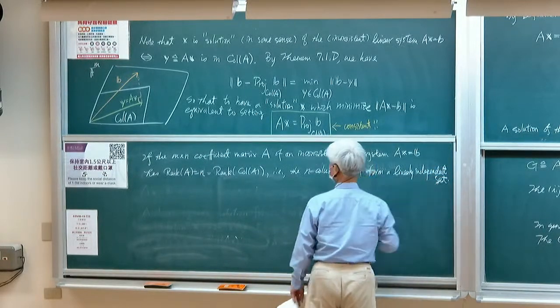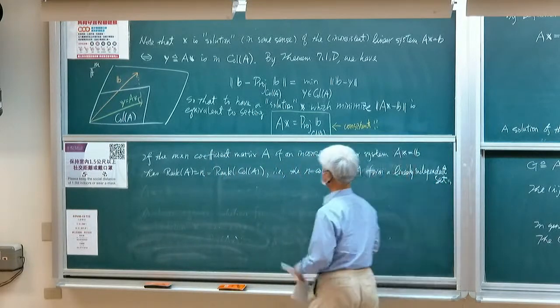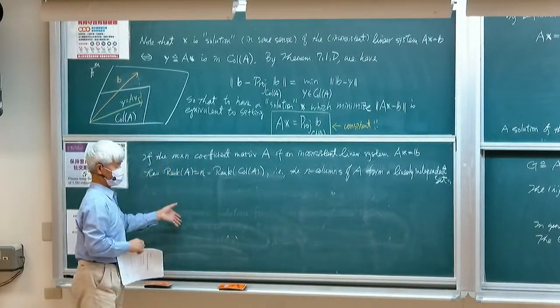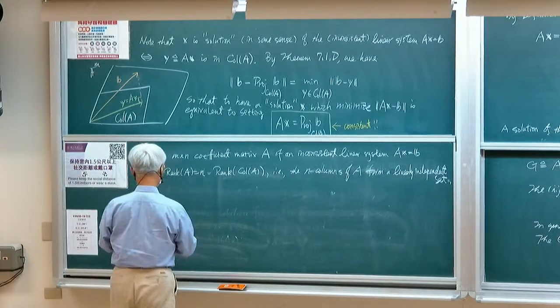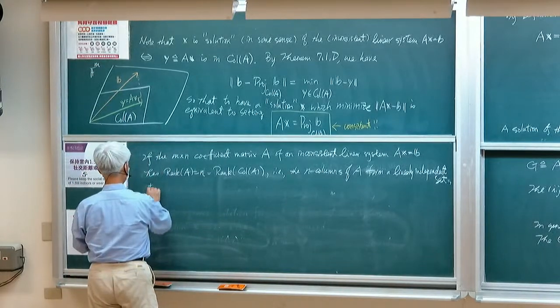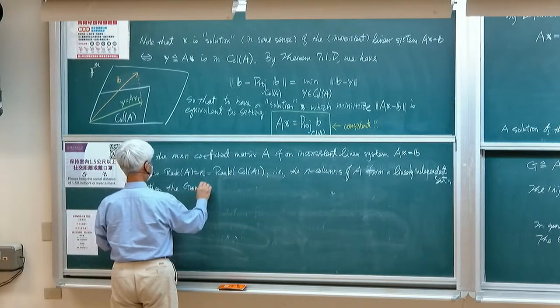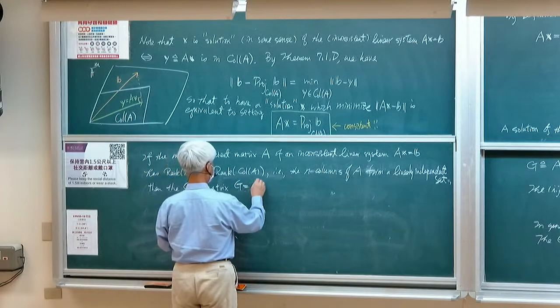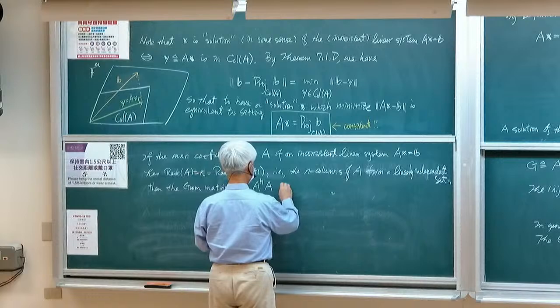So if we have this situation, where the matrix A has n columns and these n columns form a linearly independent set, then the Gram matrix G, A^H A, is invertible.